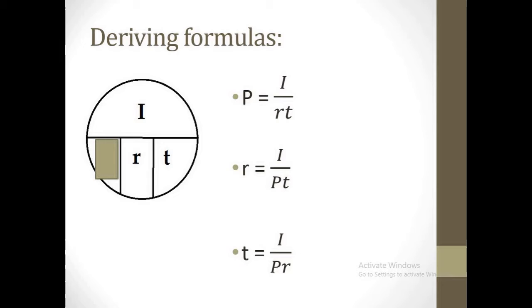For P, that is equal to I over RT. R or the rate is equal to I over PT. T or the time is equal to I over P multiplied by R.